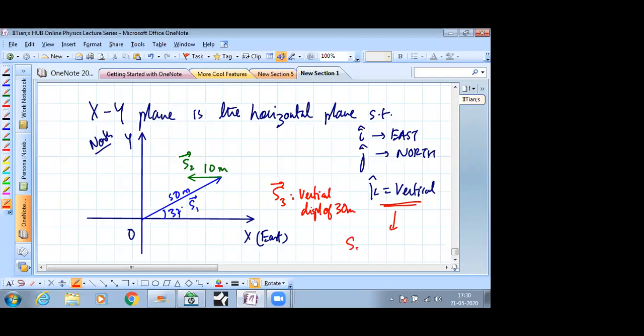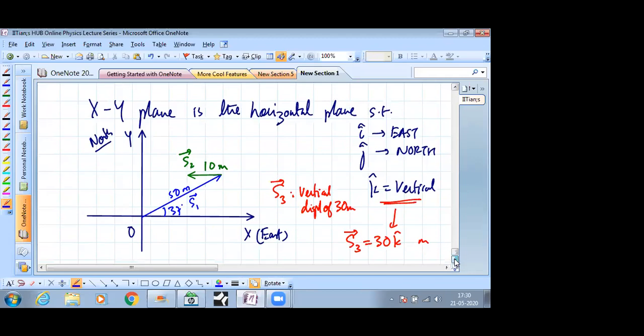So S3 as a component system would be written as, in meters. Okay. And likewise, now you can see your S1 and S2 can be written very, very easily in the component system.